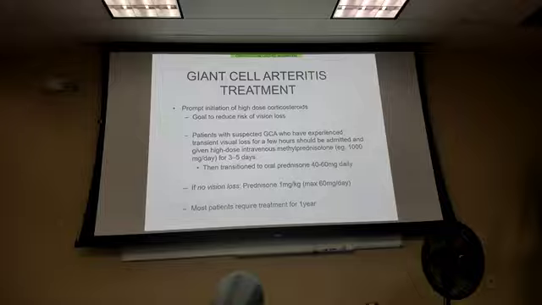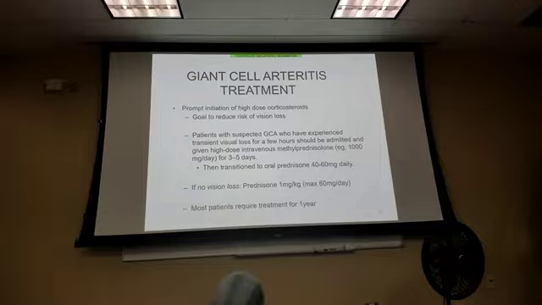And then after that, we will transition them. But if vision loss is there, we're going to admit and give IV. If they do not have vision loss, then we're going to give them prednisone and send them away. So vision loss is a big one.